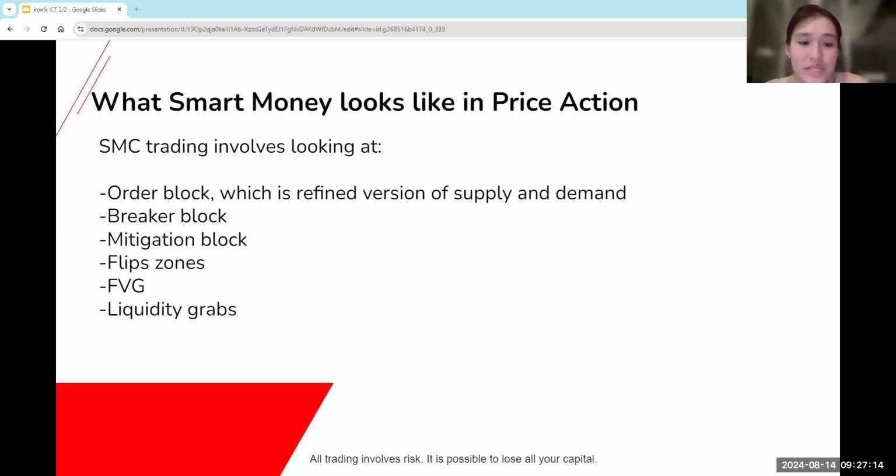Breaker blocks or mitigation blocks are what is traditionally called your support and resistance levels as well. It's just all following the order block term. And then flip zones are basically the levels where you can expect price to reverse off of. Fair value gaps, we've already talked about them, based on the imbalances in the market when demand outpaces supply or vice versa. And liquidity grabs.